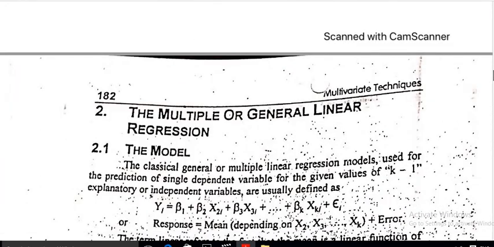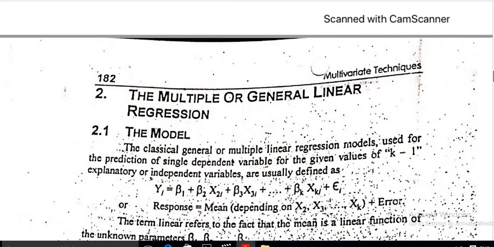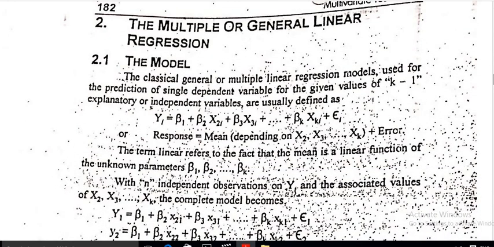Now come to the next chapter, which is multivariate general linear regression, on page number 182 of the book by Dr. Khalid Parvez.